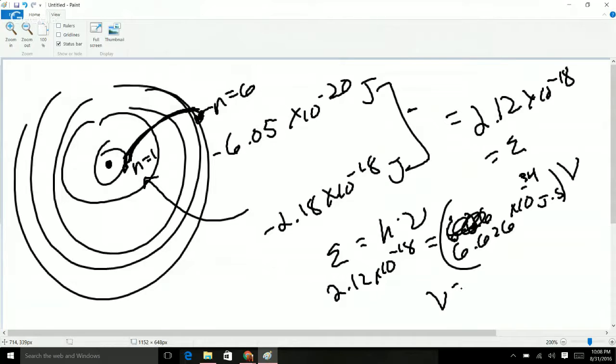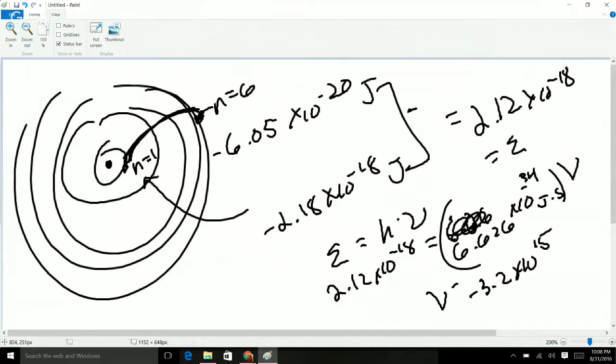Then I can find frequency by dividing both sides by h. And that's when I get 3.2 times 10 to the 15th.